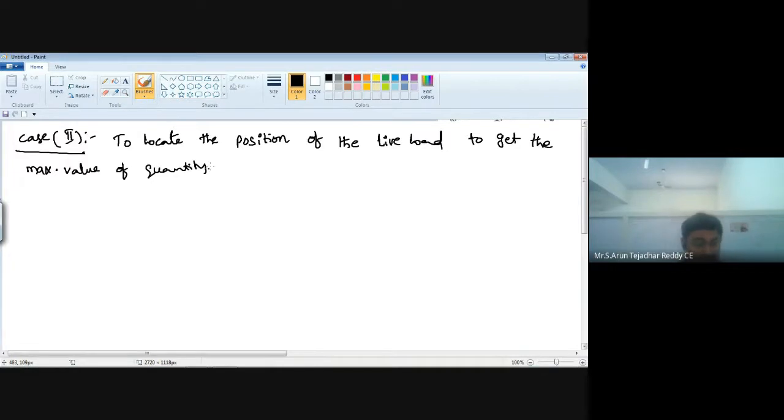This is our second case. It means here the word is live load. It's a movable load. Suppose, for example, one UDL is acting, 80 kilonewton per meter, with a span of 4 meter.